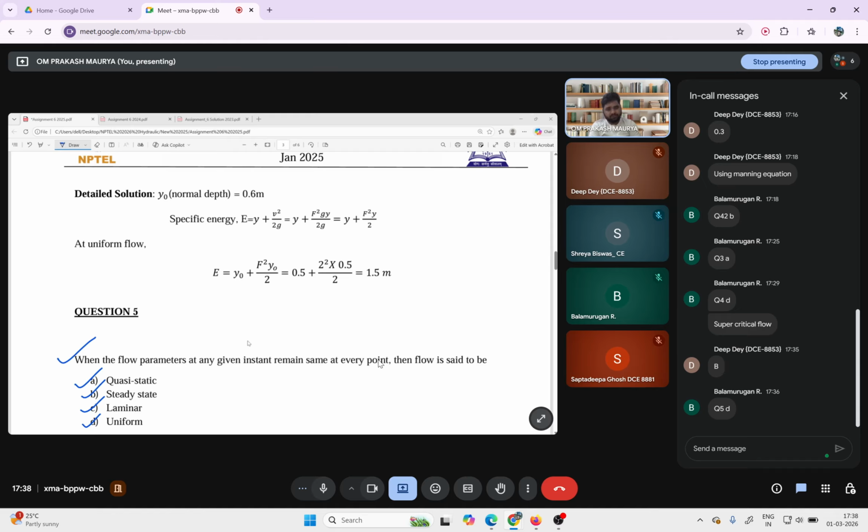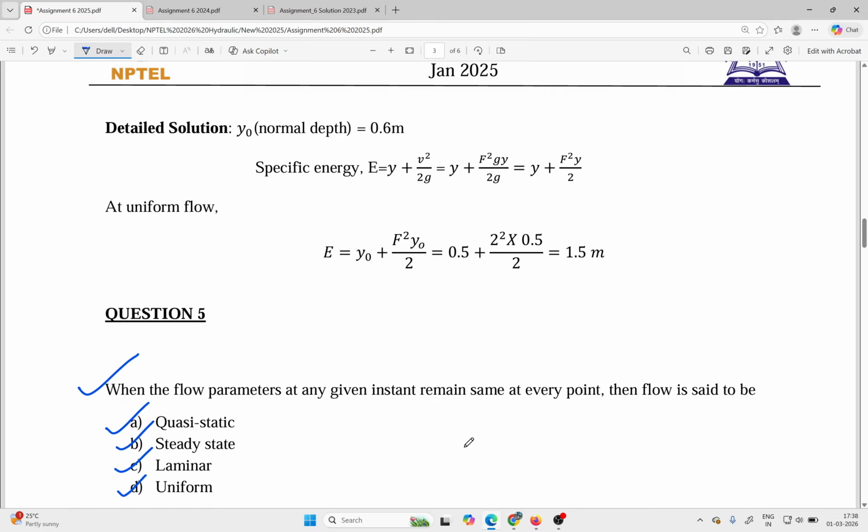Okay, no issue. So the answer for this question is uniform flow. Why? Let me explain the difference between steady and uniform, with a very simple definition. First I'll explain steady. Let us suppose you have a channel like this.